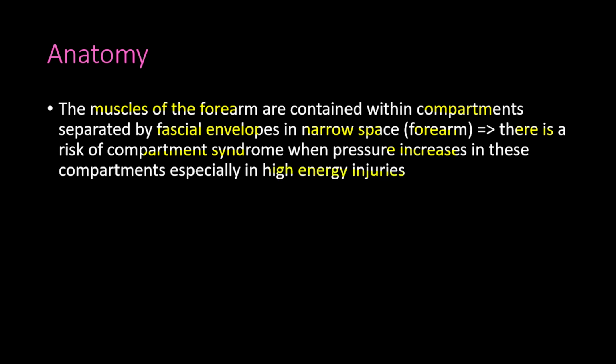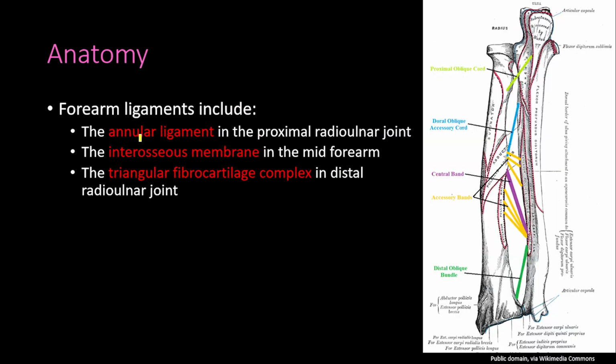Now, in the forearm, we also have ligaments that connect the radius and ulna together, and those include the annular ligament, the interosseous membrane, and the triangular fibrocartilage complex. The annular ligament is in the proximal radio-ulnar joint, and it starts from the ulna and it goes around the radius and goes back to the ulna.